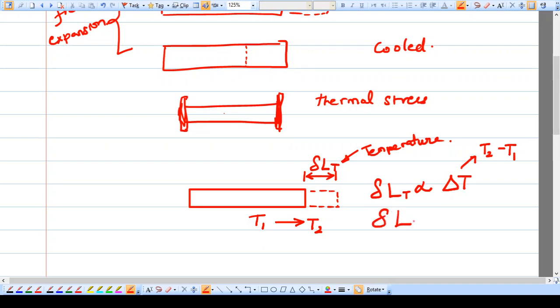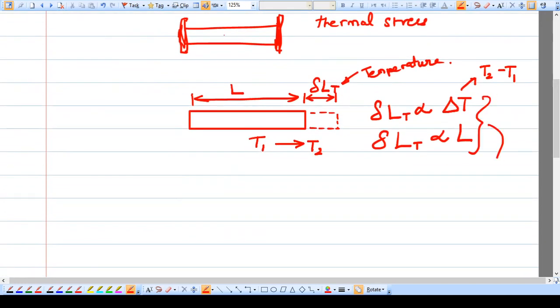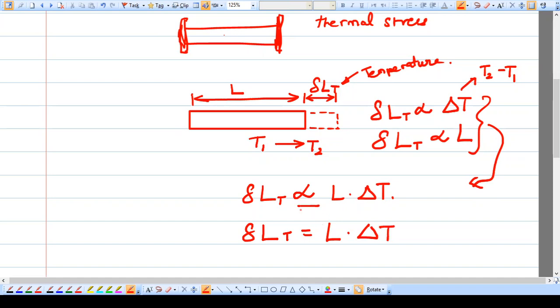At the same time, this change in length is also proportional to the initial length, L. Combining these, I can write that the change in length delta LT is directly proportional to L into delta T. This is your proportionality symbol.